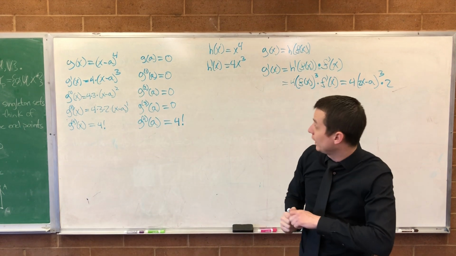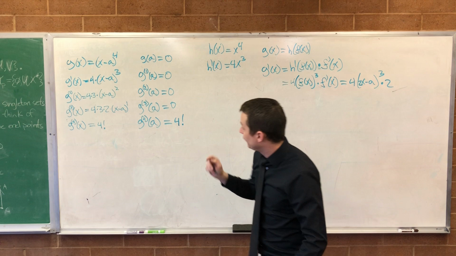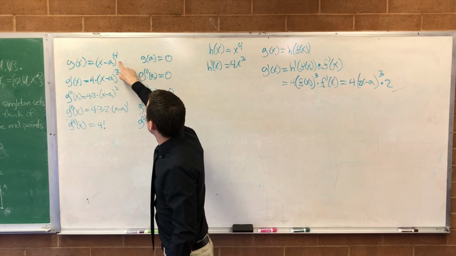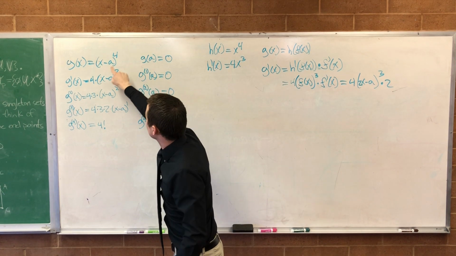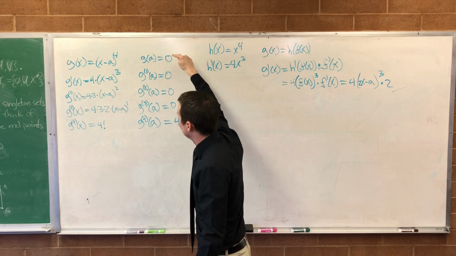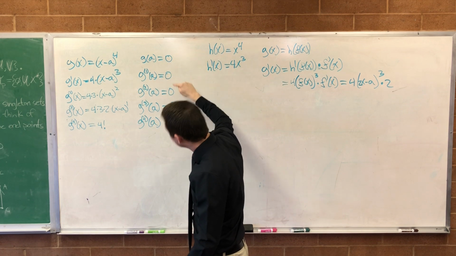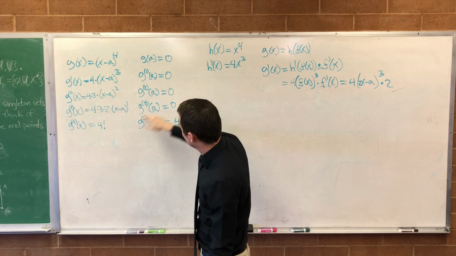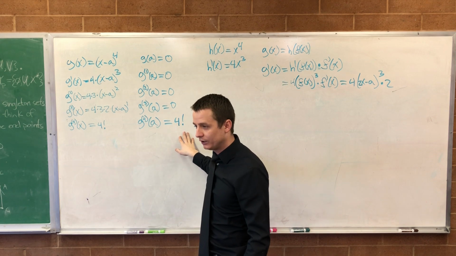Alright, so notice what kind of function we had there. We had a function whose value at a particular point was 0, and its first derivative was 0, and its second derivative was 0, and its third derivative was 0, but its fourth derivative gave us an actual value.